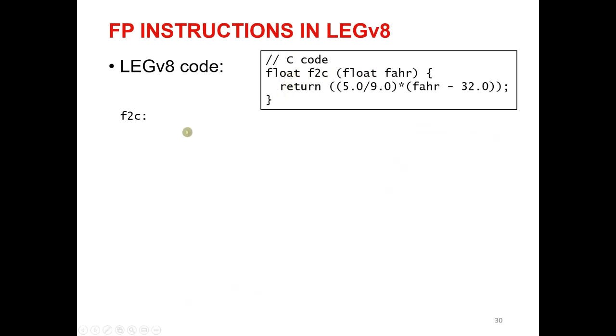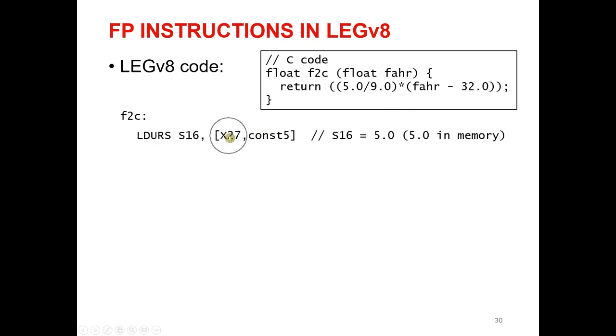Okay. So then we have a procedure in LEGv8. We are going to call it Fahrenheit to Celsius, the same way as the C function. What we do is we load from memory a single precision value, which is placed at the base address indicated in this register, with this offset, or the offset indicated in this constant.